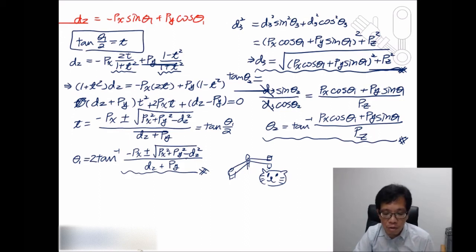You might be able to solve all the positions based on the configuration I'm just telling you. But just like what we discussed earlier, you might have different solutions for every position you want to reach.